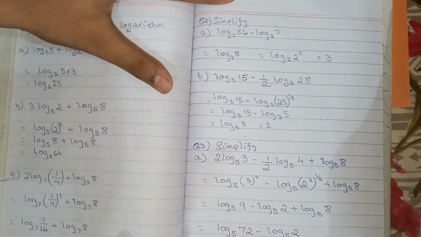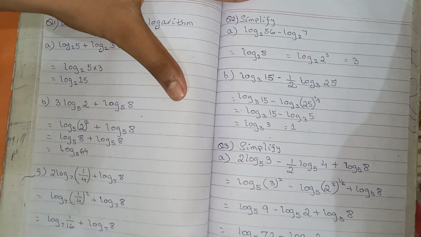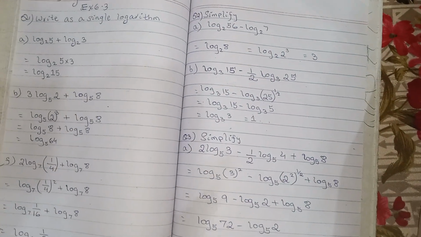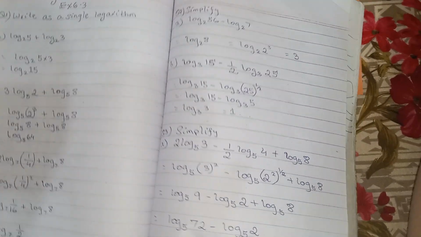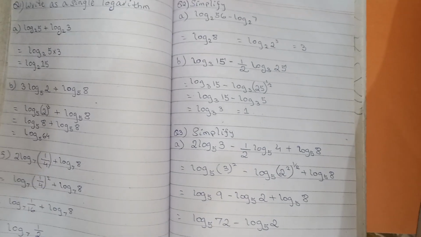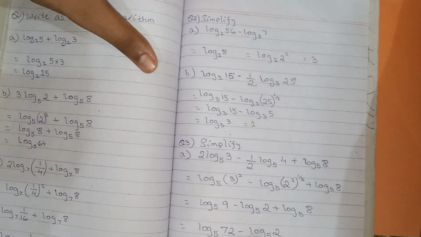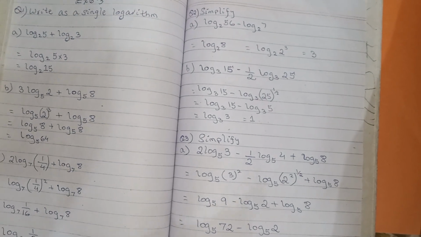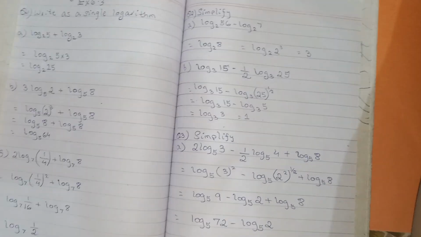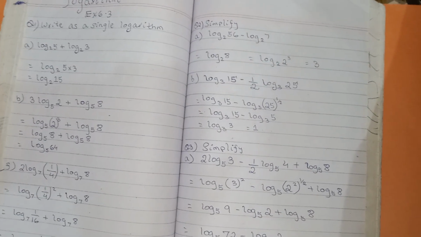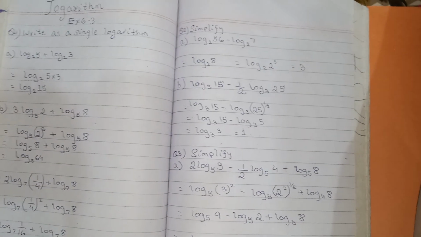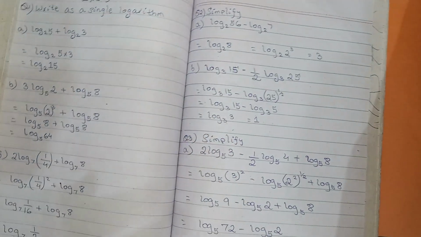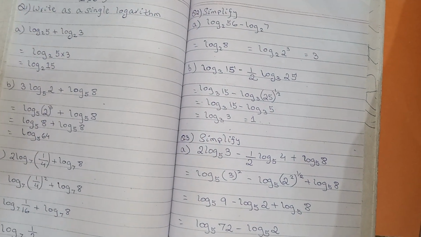Then question number 2 says simplify. The first part says log 2 56 minus log 2 7. We will apply the quotient rule, and then log 2 8, because 56 divided by 7 is 8.